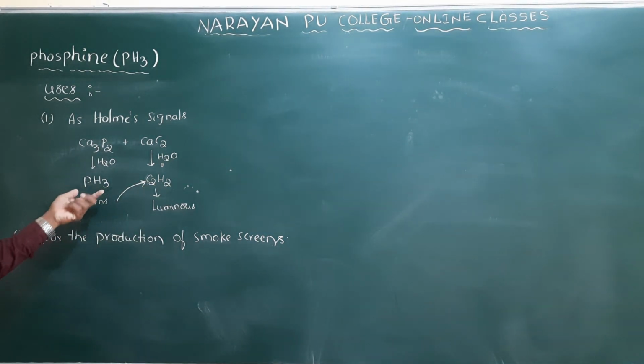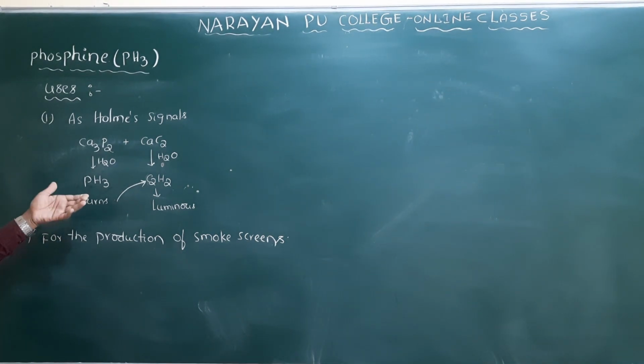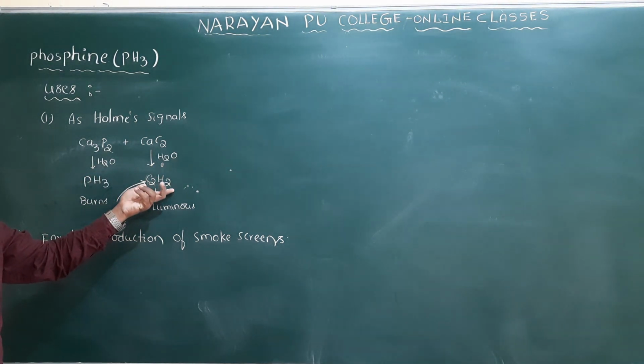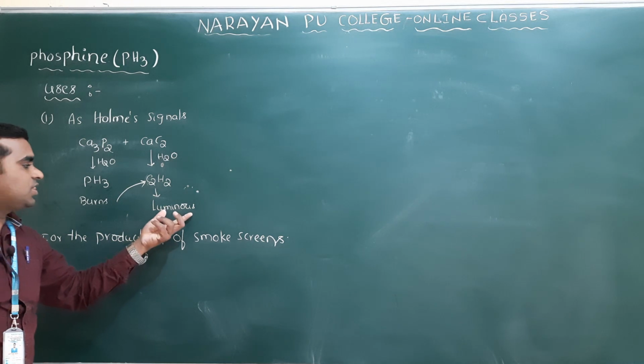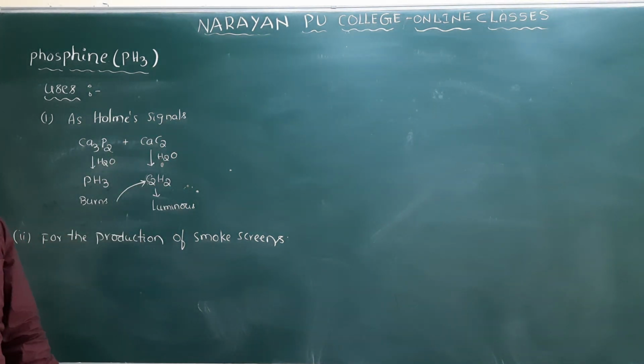This phosphine is always contaminated with diphosphine, so it automatically catches fire and ignites the acetylene, which burns with luminous light and serves as a signal for the steamers. This is the first use of phosphine.